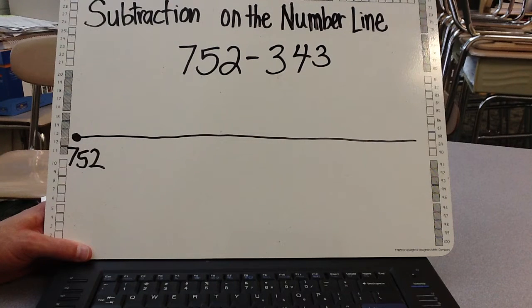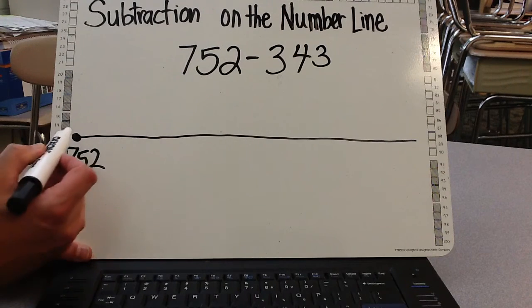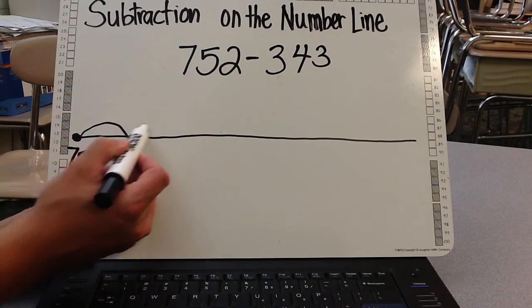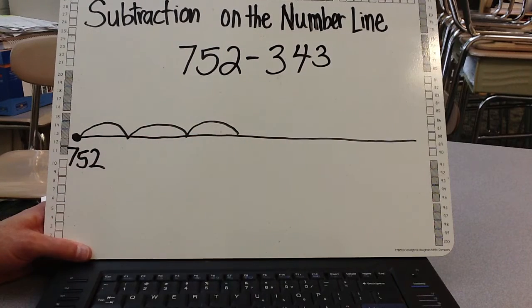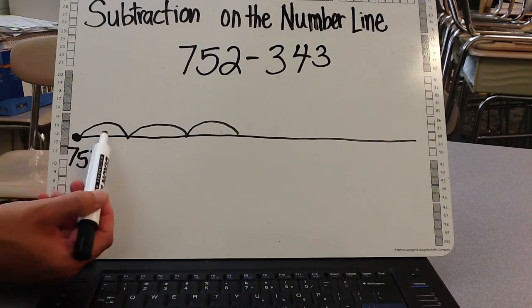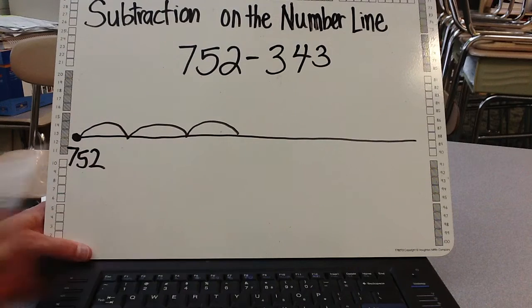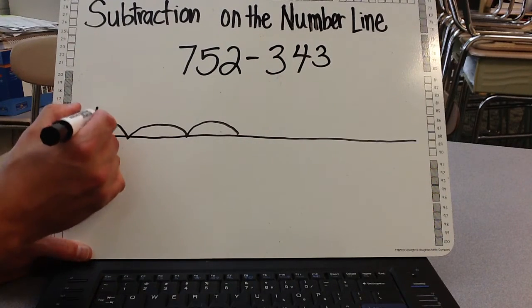So my first job is to go ahead and subtract 300. So I'm going to make 3 100 leaps. So 100, 200, 300. At the top of each leap, I'm going to go ahead and write the number 100 to show that I've jumped or I've subtracted 100.